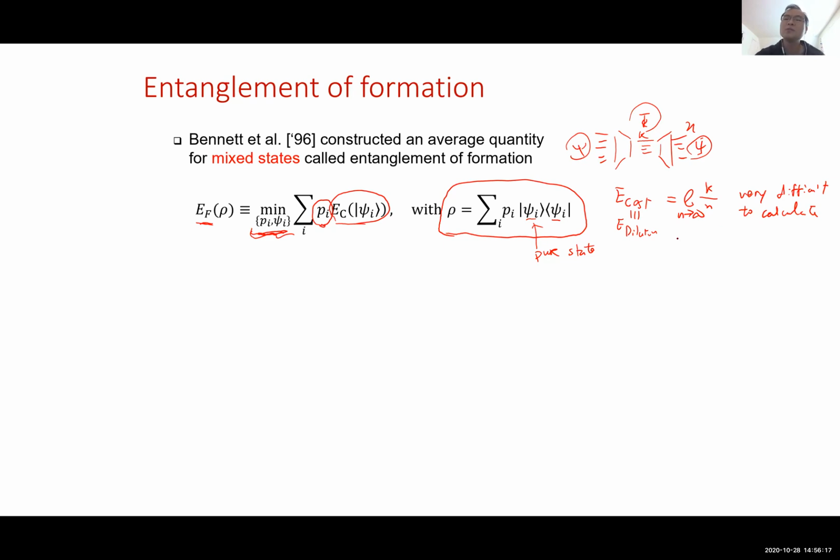Okay, yeah, so one thing I forgot to mention, for pure states, this is related to entanglement entropy, okay? So the way to define the minimization is you don't want to define something that could have non-zero entanglement formation and yet is a not entangled state, right?